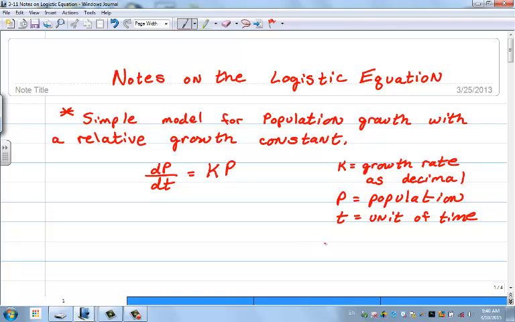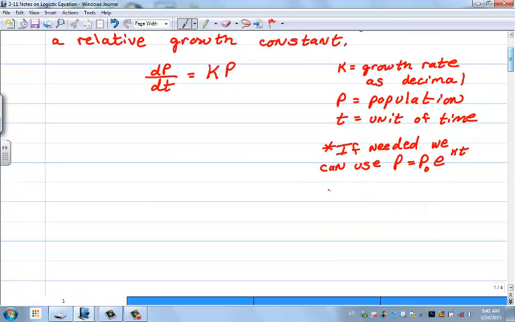And of course if needed, we can always use P equals P0 e to the kt to find k, if we need to find k.